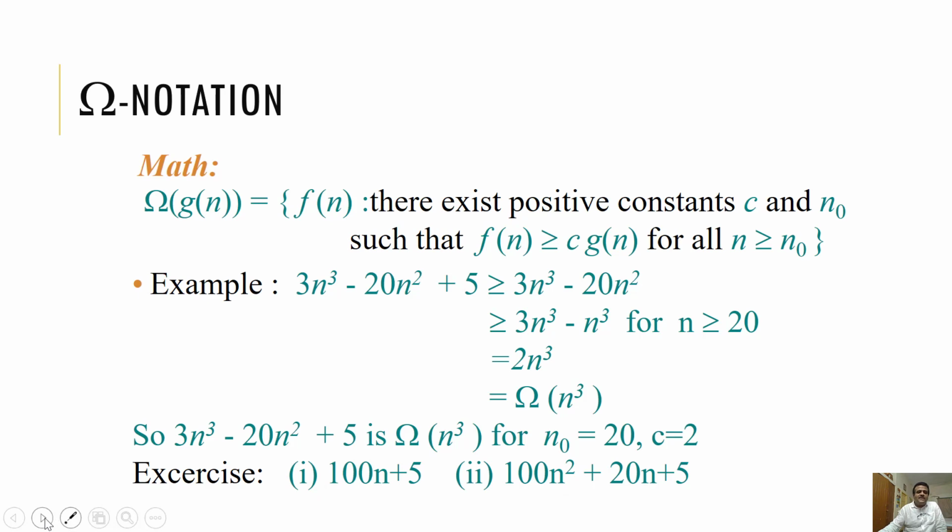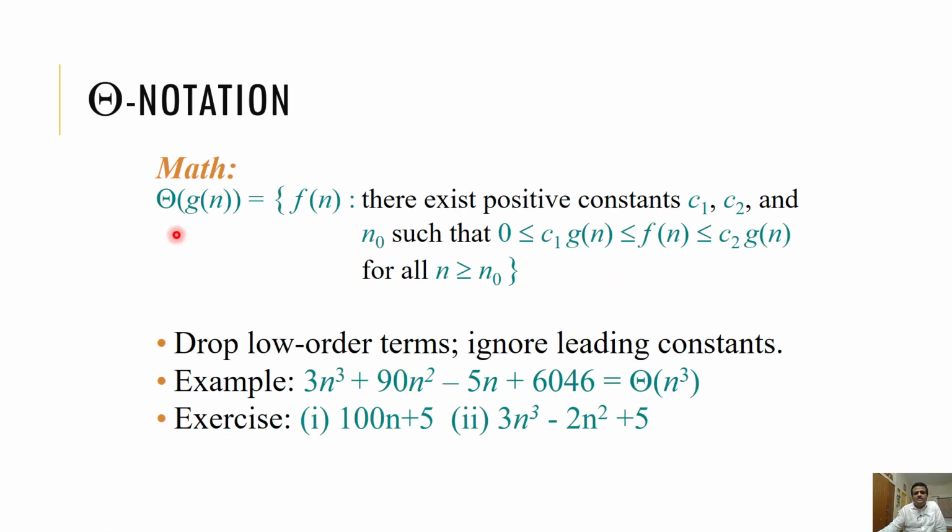Now, if we combine big O and big omega, that will give us big theta. So, this is bounded on both sides. The big theta definition is: for large n tending to infinity, we should have n0 such that there exist two constants. This part is giving us big O and this part is giving us big omega.